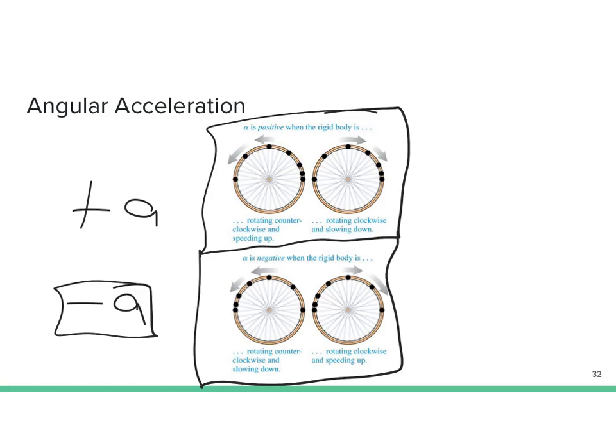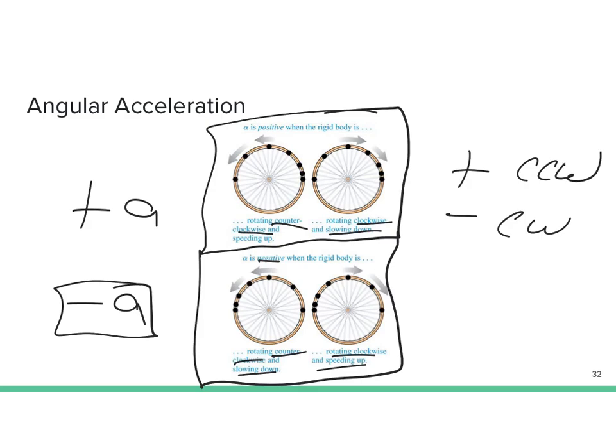Angular acceleration is positive when it's going counterclockwise and speeding up, but clockwise and slowing down is also positive. And it's negative if it's counterclockwise and slowing down or clockwise and speeding up. Remember that clockwise is the negative direction and counterclockwise is the positive direction. I talked about the right-hand rule for torque as a way to remember that. Lefty loosey, righty tighty, right?